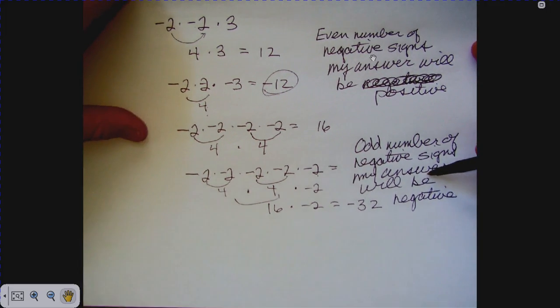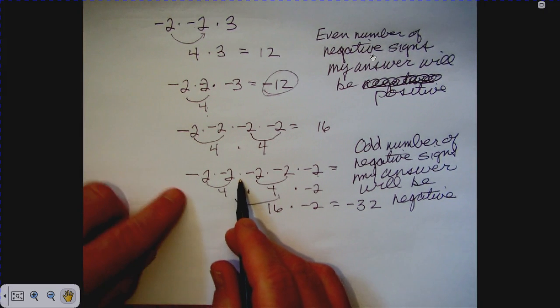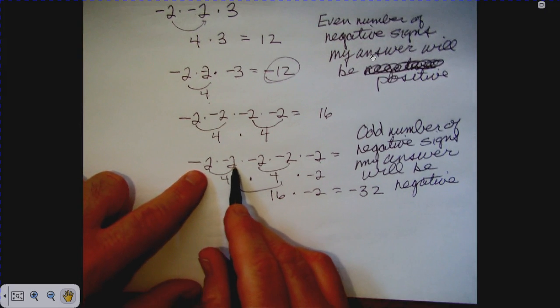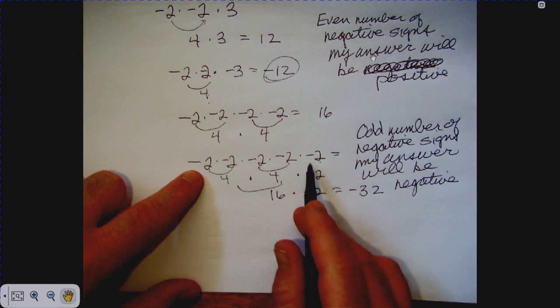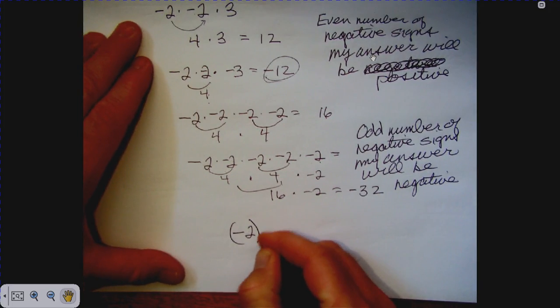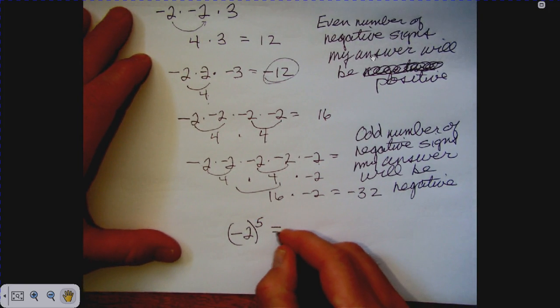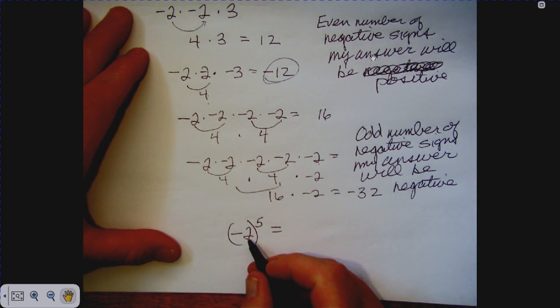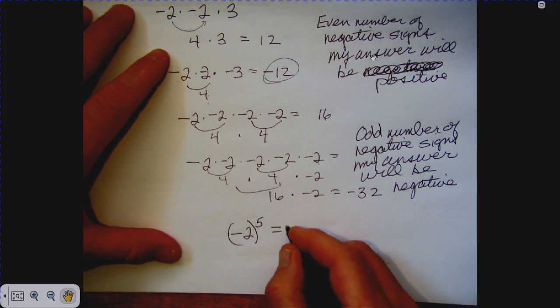Now, one other thing I want to do, if you look at other ways to say -2 times -2 times -2 times -2 times -2, that's -2 to the 5th power. And here this is odd, so my answer is going to be, I still have to do 2 times 2 times 2 times 2, 5 times over.